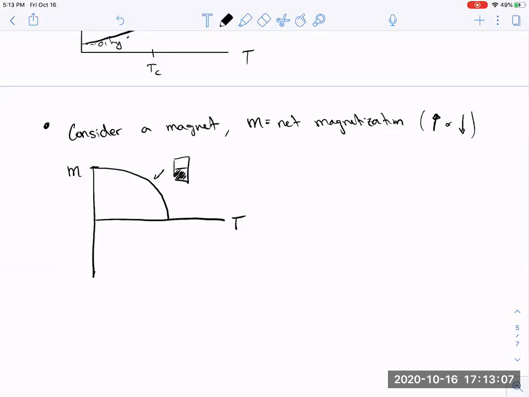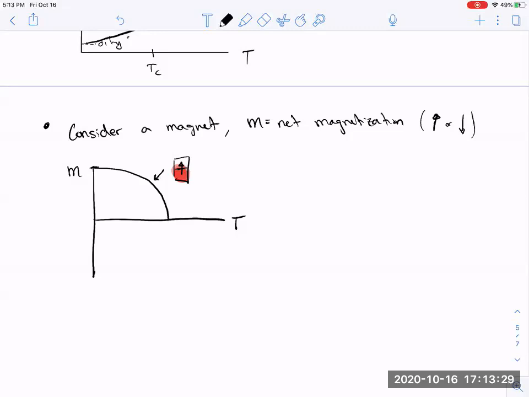So let's consider a bar magnet, one end painted red, the other end painted white. Let's imagine it was pointed up like that. If I increase the temperature of that magnet, throw it in a microwave, I could demagnetize it.